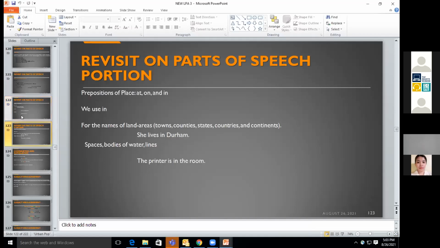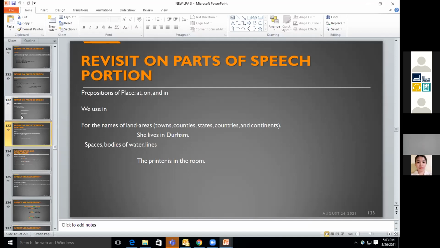In. For the names of land areas, towns, counties, states, countries, and continents. She lives in Durham. Spaces, bodies of water, lines. The printer is in the room. So you don't have a specific place in the room.